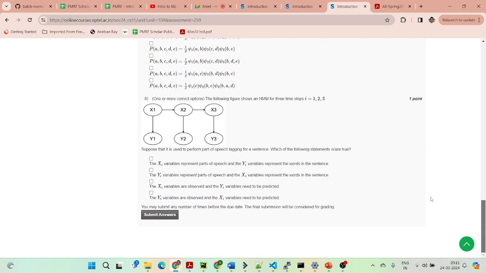So, hidden Markov model, three time steps are given. What these x1, x2, x3 are, are the labels, and y1, y2, y3 are the matter which has to be labeled.